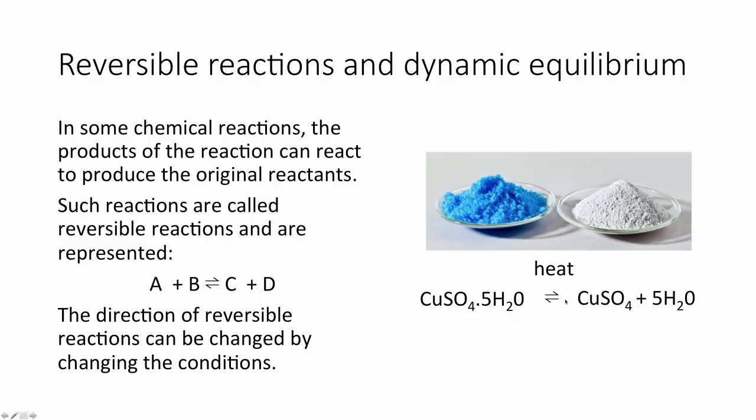This can be reversed by adding water back to the anhydrous copper sulfate to make copper sulfate pentahydrate. However, at any point it will be either one product or the other.